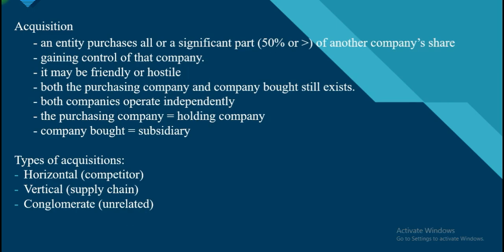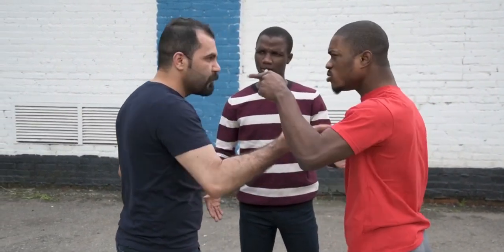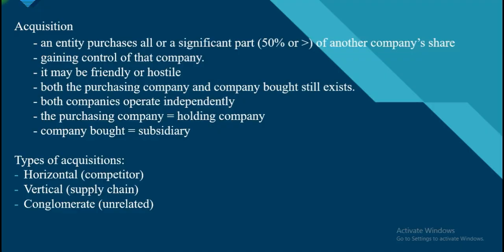You may also have another situation where the acquisition may be hostile. It may be that over a period of time, for instance, the parent company, the company that buys out the subsidiary, secretly, should I say secretly?